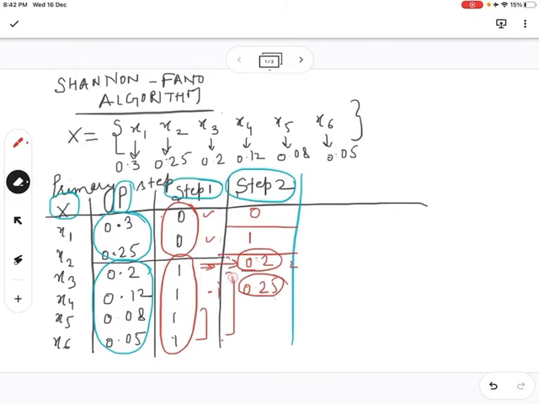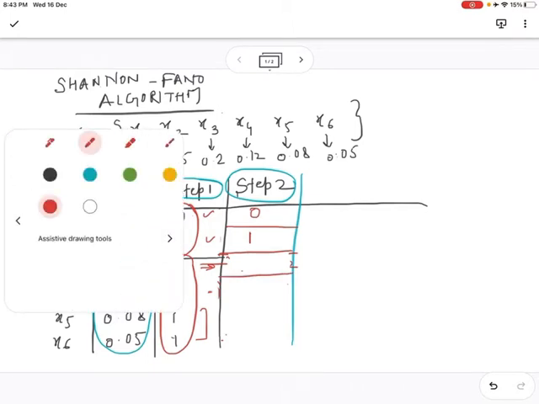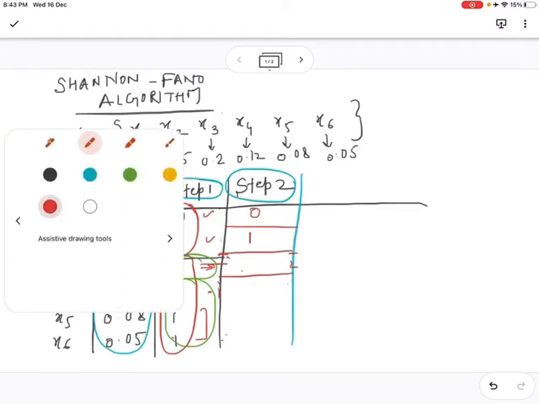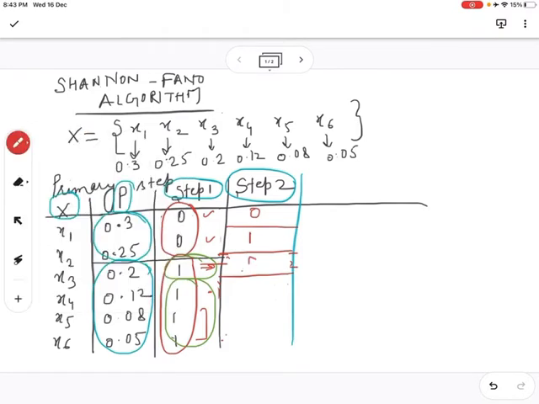So I'm going to divide these four probabilities in this group like this, one in this and one in this. I'm going to divide like this. Now we also have two groups, so I'm going to assign 0 to this group and 1 to this group.